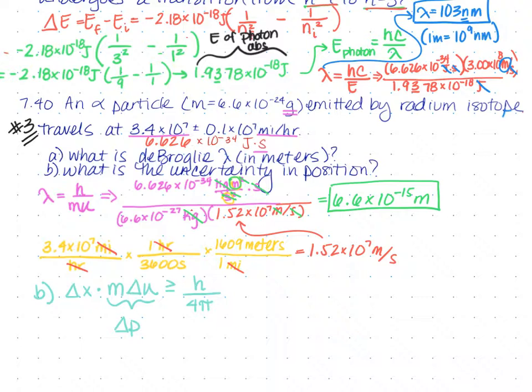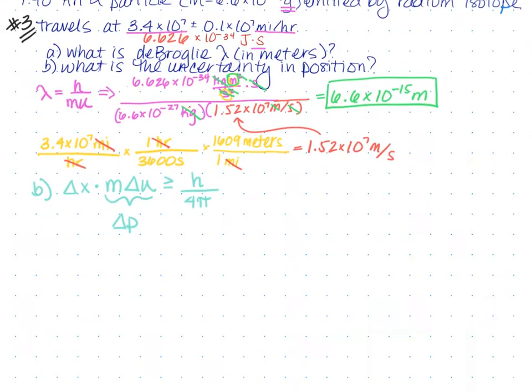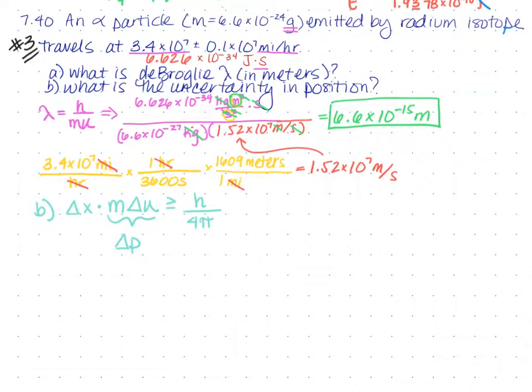So what we need to first calculate is the mass times the uncertainty in speed. Notice that in the problem it says that the speed is 3.4 times 10 to the 7th plus or minus 0.1 times 10 to the 7th miles per hour.